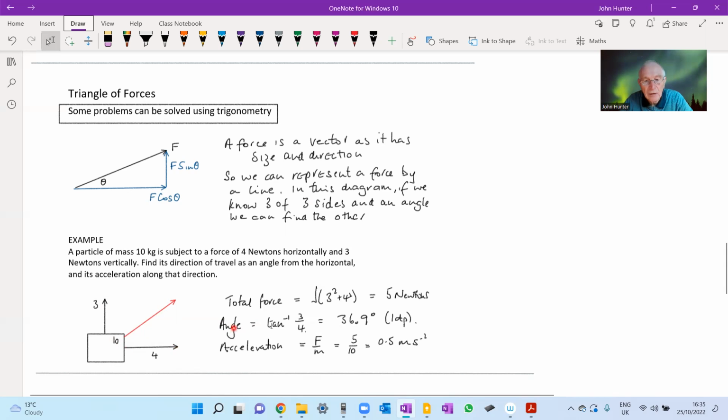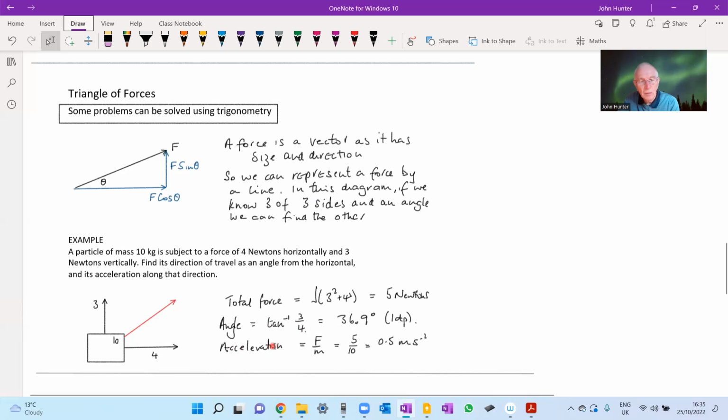So in other words, the angle itself is inverse tan of 3/4, which is 36.9 degrees to 1 decimal place. Incidentally, whenever you have answers that are approximations, you truncate them to so many decimal places, and you always put the accuracy in your answer. And here it is 1 decimal place. Okay, so that's the angle.